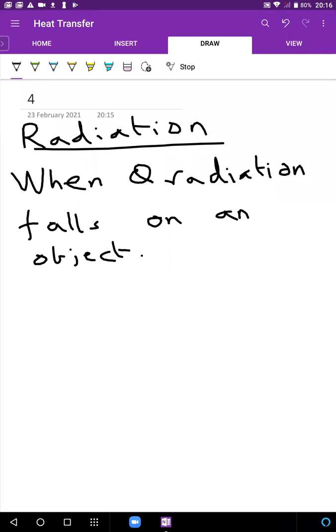We'll of course do conduction in detail. So radiation and conduction are two things which we are going to do in detail. We're going to start with radiation, and then we'll move to conduction.